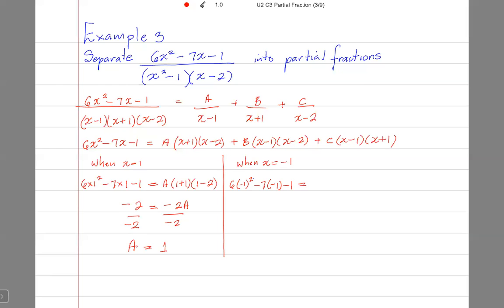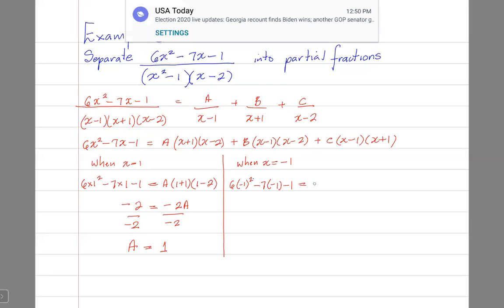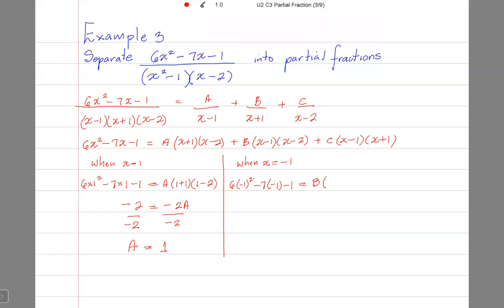A is going to go, c is going to go. I'm going to have b into (minus 1 minus 1)(minus 1 minus 2). So a and c are going to go when x is equal to minus 1.